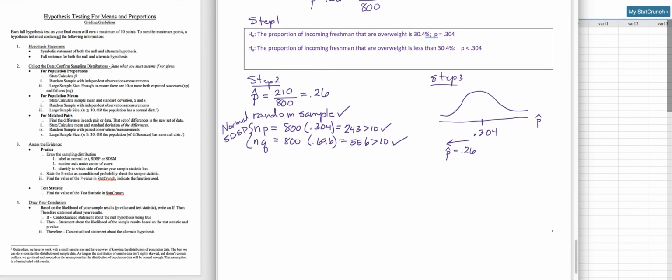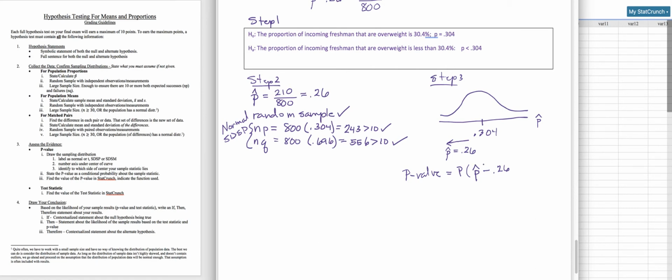The next thing we need to do is write our p-value as a probability. So we know that the p-value is the probability that our p-hat is equal to the 0.26 that we got, or something more extreme.